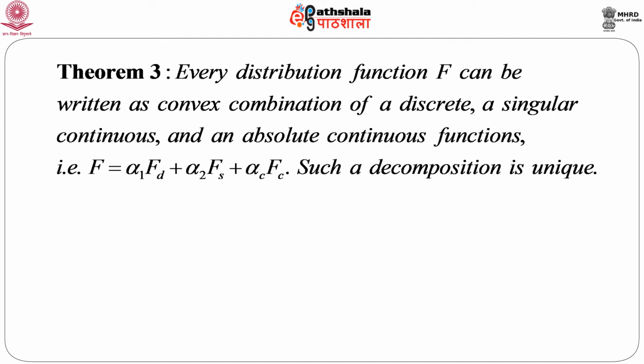That means, capital F equals alpha 1 F d plus alpha 2 F s plus alpha c F c, where F d is a discrete distribution function, F s is a singular distribution function, F c is an absolutely continuous distribution function, and alpha 1, alpha 2 and alpha c are three constants, all lying between 0 and 1, so that alpha 1 plus alpha 2 plus alpha c equals 1.